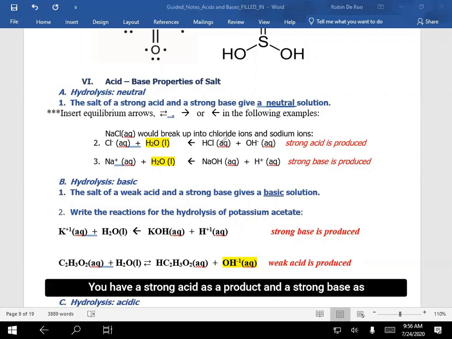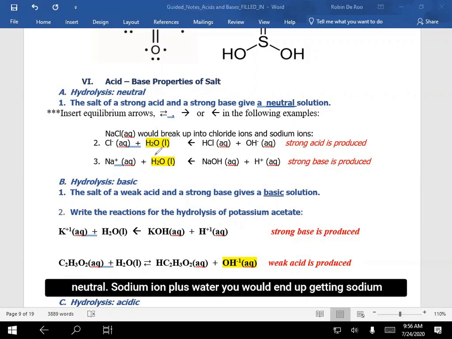You have a strong acid as a product and a strong base as a product. And so the products would react and go back to the left to give you the reactants. So you really just have chloride ion and you have water. Water is neutral.